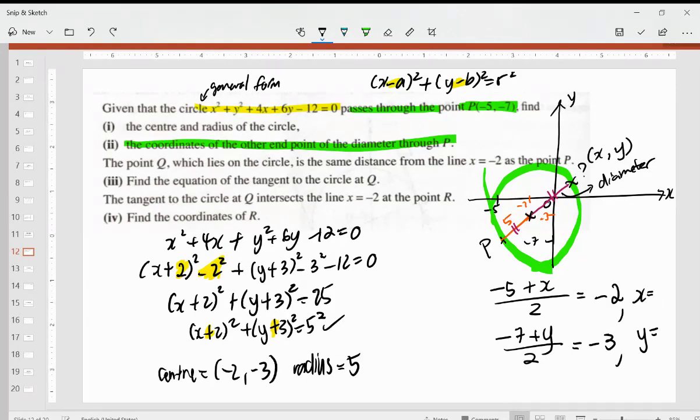So this coordinate is (1, 1). I will write it in now that I found it. It may be useful.